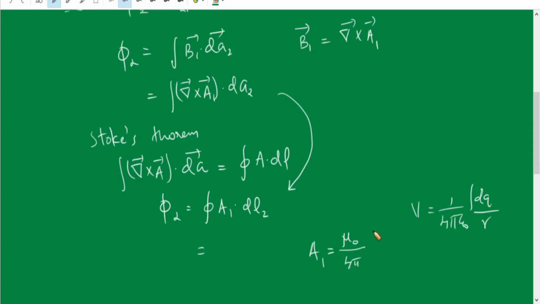So this is I1 closed integral dl1 divided by r.